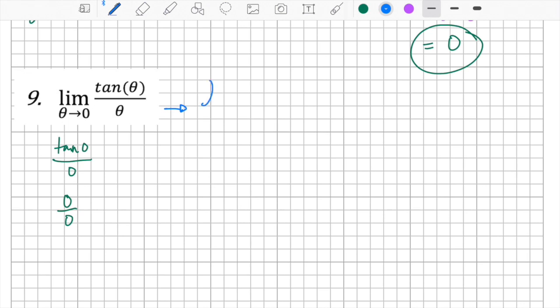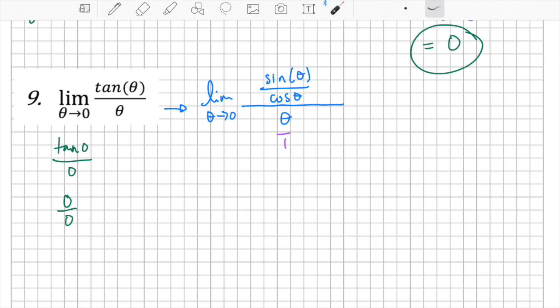So what I'll do is rewrite tangent in terms of sines and cosines. So limit as theta approaches 0. Tangent is sine over cosine, so I'll write it as sine theta over cosine theta, over theta. I want to simplify this.